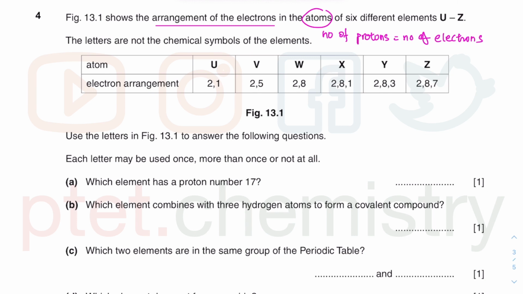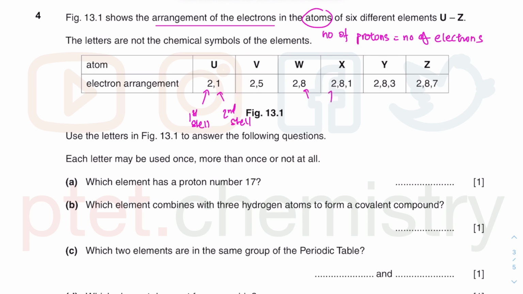We know that in arrangement of electrons, we fill the first shell first. So this is the first shell, and there's the second shell. The first shell maximum is 2 electrons. If you look at your periodic table, from hydrogen to helium is 2 electrons. Then the second shell, from lithium all the way to neon, fills up to 8 electrons.